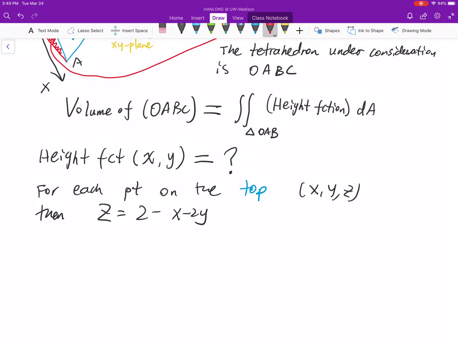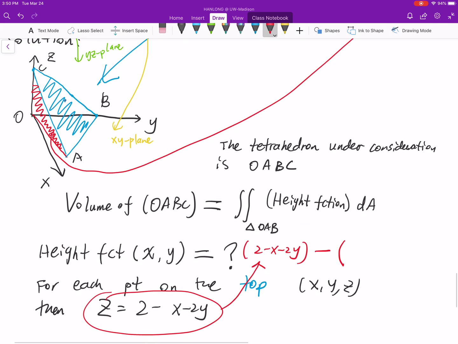Therefore the height function is 2 minus x minus 2y minus the bottom. This is the top, and in our problem the bottom is easy, just 0, because on the bottom you have the xy plane.